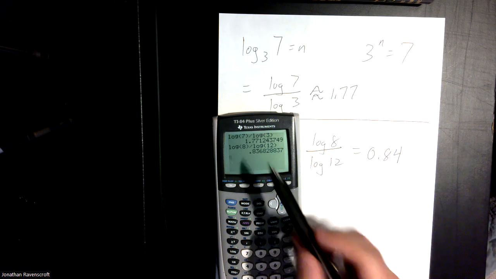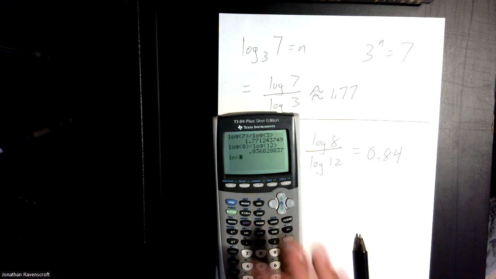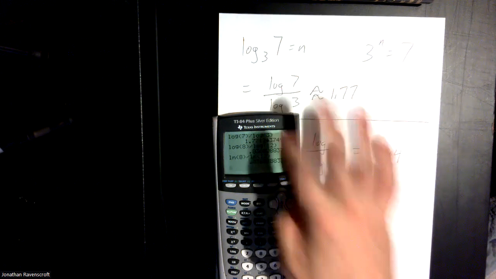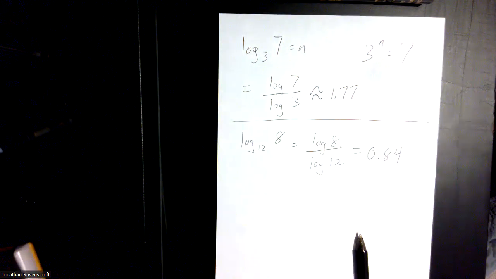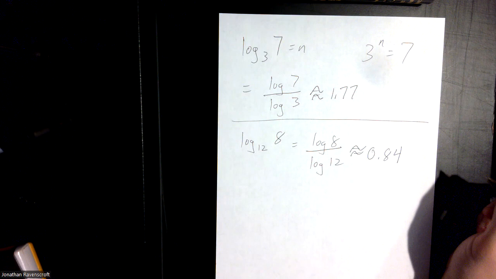Now remember, we said the base doesn't matter. You can use log or natural log. In this case, if I did natural log of 8 divided by the natural log of 12, well, notice we get the same answer either way. Really, I should say that's approximately. It's not exactly equal to that decimal.